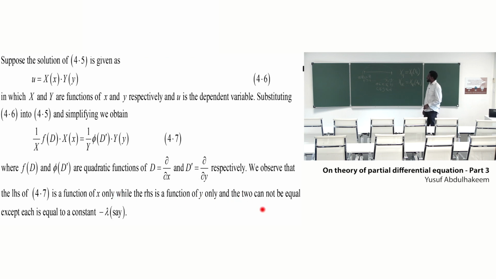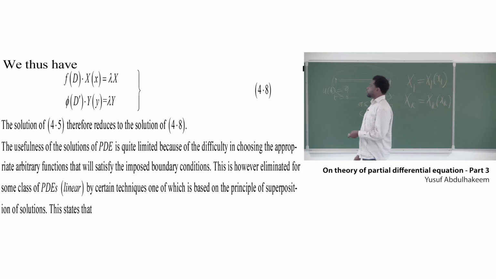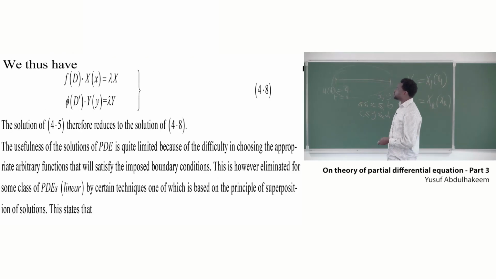And the two cannot be equal except each is equal to a constant, and it could be negative. If we look at 4.7 very well, the left-hand side only depends on x and the right-hand side only depends on y, and the two of them cannot be equal except if we assume that they are equal to a particular constant, which we assume to be minus lambda.